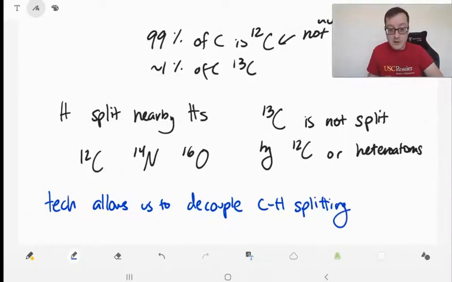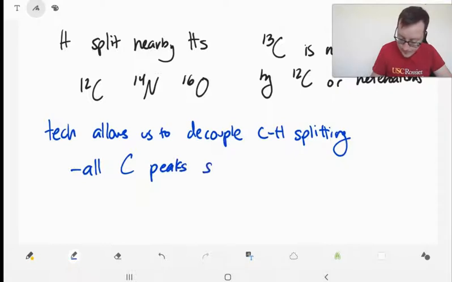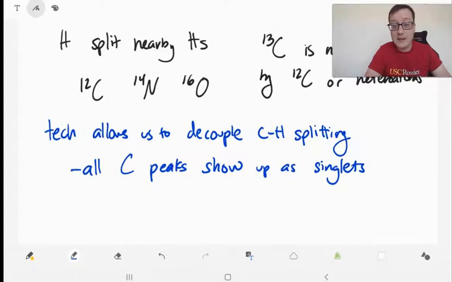And so what's interesting is that all carbon peaks show up as singlets. There are ways to make them have splitting, but typically you're just looking at singlets for everything. And so that makes it easy.